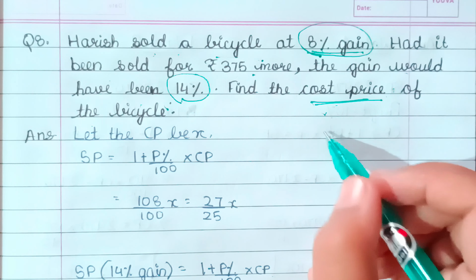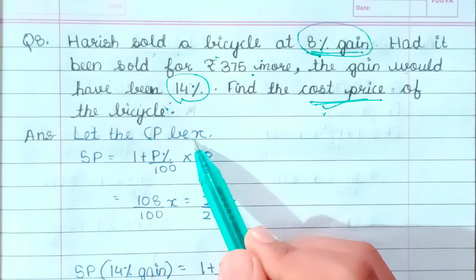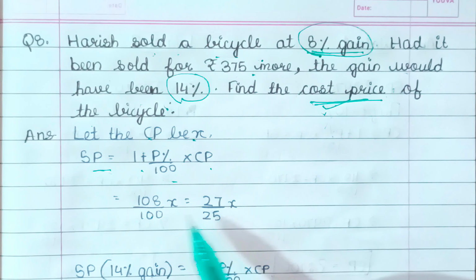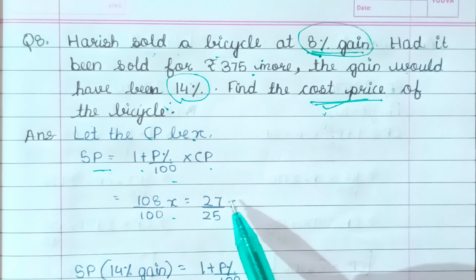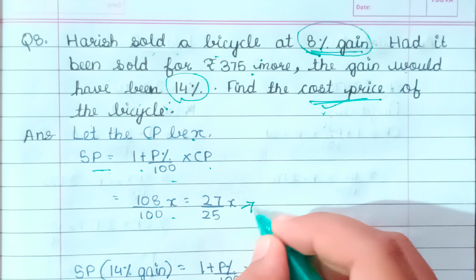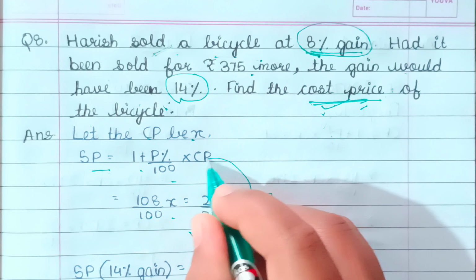So let us find the CP first. First of all, let the CP be X. The SP is 1 plus profit percent into CP. So 108 by 100x is equal to 27 by 25x. So this is the desired SP. Let's keep it in X in variable form.